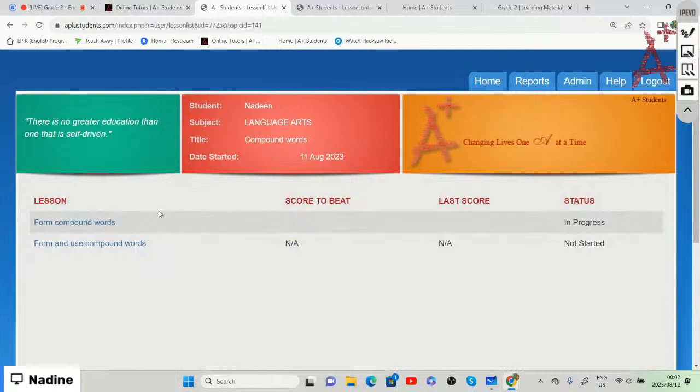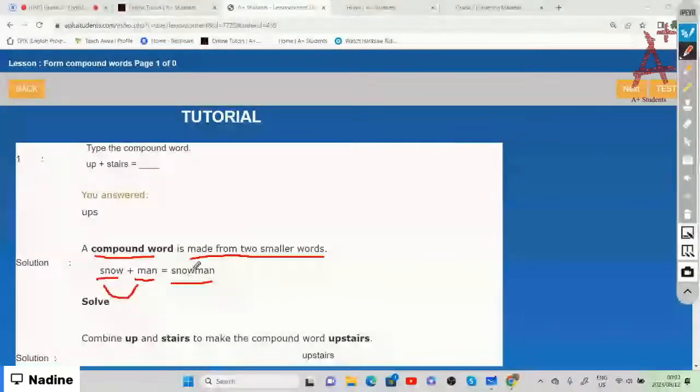Snow plus man is snowman. We add these words together and get a bigger word, for example snowman.